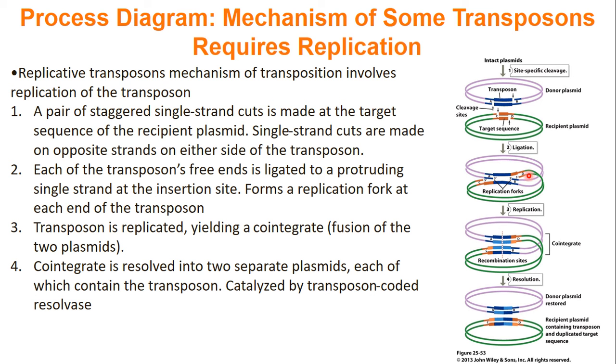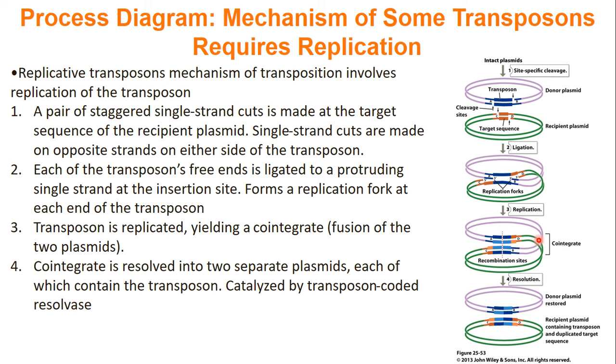So we're ready to copy. We can now replicate our transposon, and that's what's being shown here in light blue. We have just made a copy of our transposon. And if you follow this image, you can see we took 2 plasmids and made them 1 plasmid. This is called a co-integrate, where you have fused 2 plasmids.